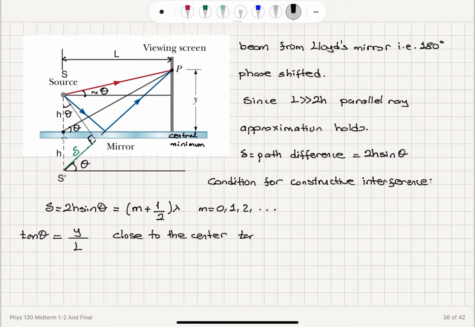So tangent theta should be approximately equal to sine theta. We have the small angle approximation. So where is the first maximum?